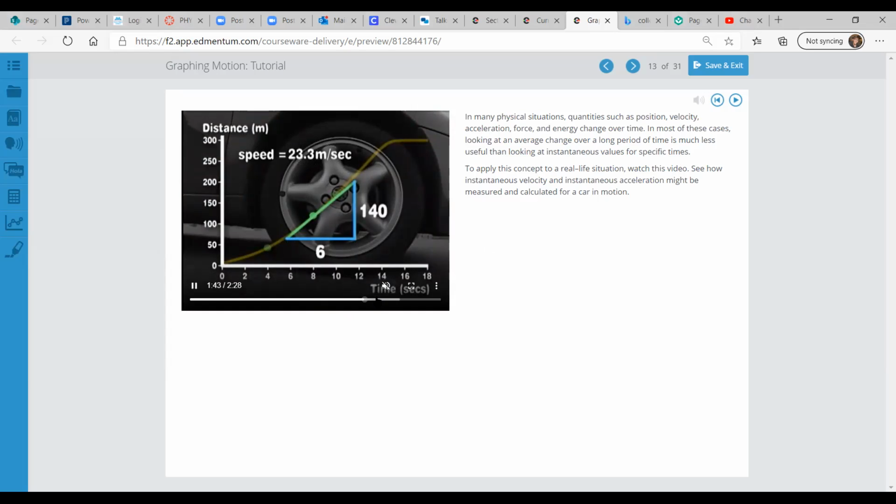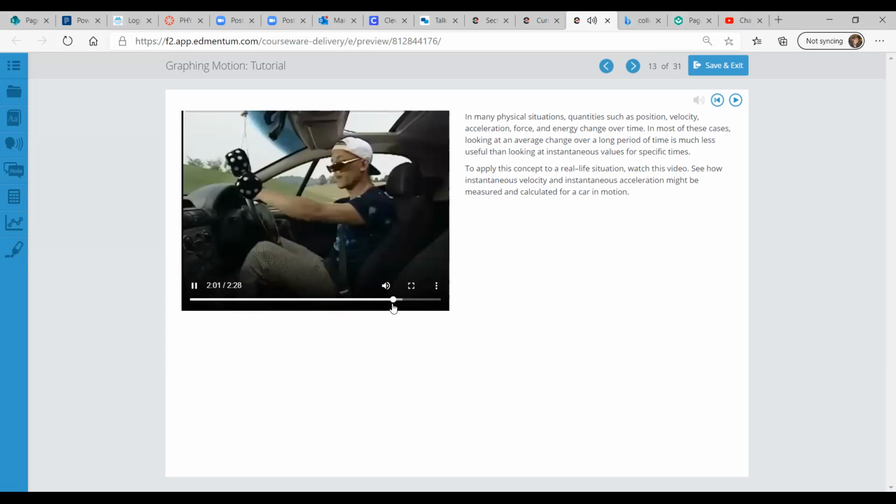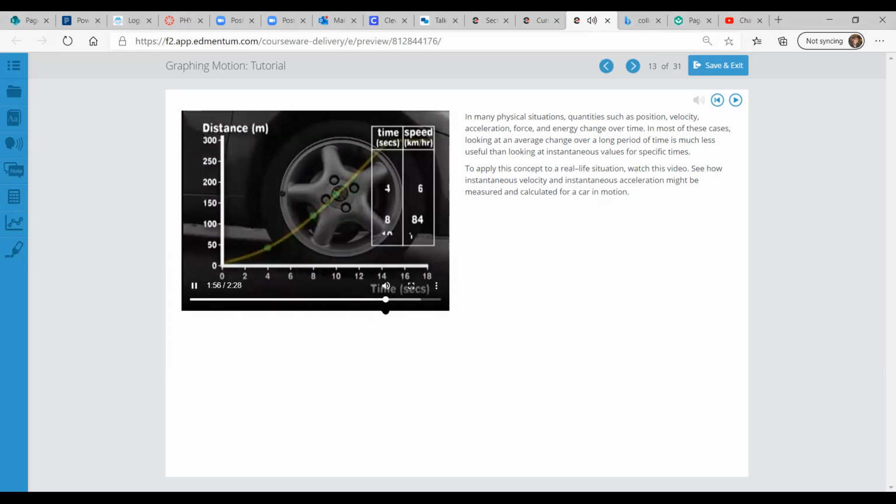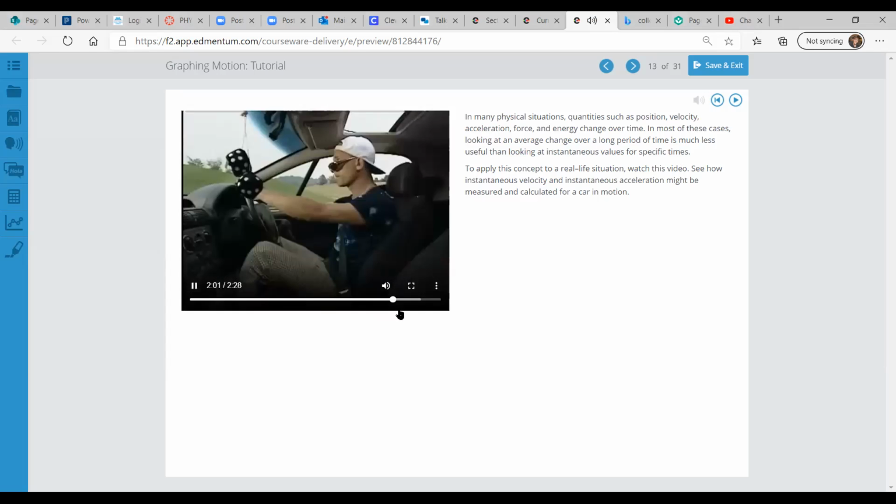Calculating the average speed. But then you have the values themselves at instant points.